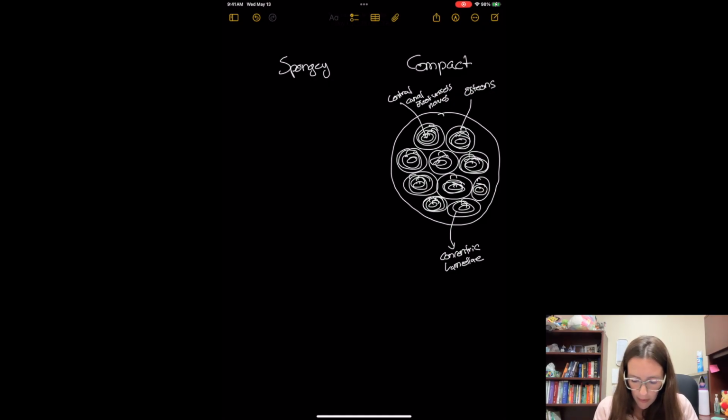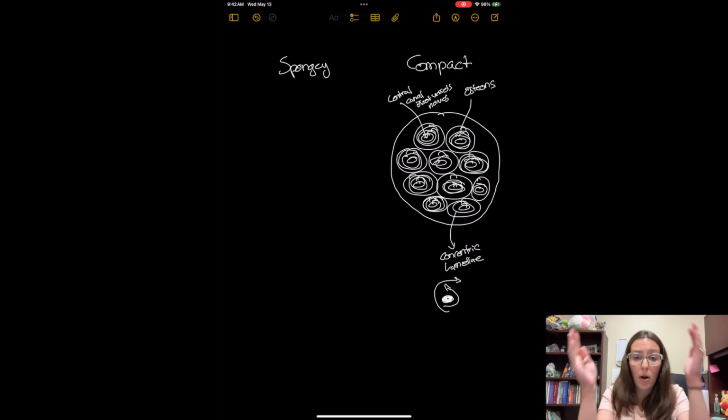So we've got my central canal right here. The first ring will have the collagen winding up in one direction all the way up the bone. Then the next ring just outside of it will be wrapping around in the opposite direction. So it kind of twists up like this.